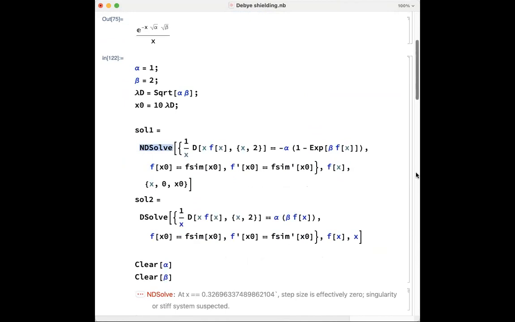If you have not seen, I believe you should all have, but if you have not seen any methods for solving differential equations numerically, don't worry about it. There are commands in Mathematica or other languages that will do it automatically.